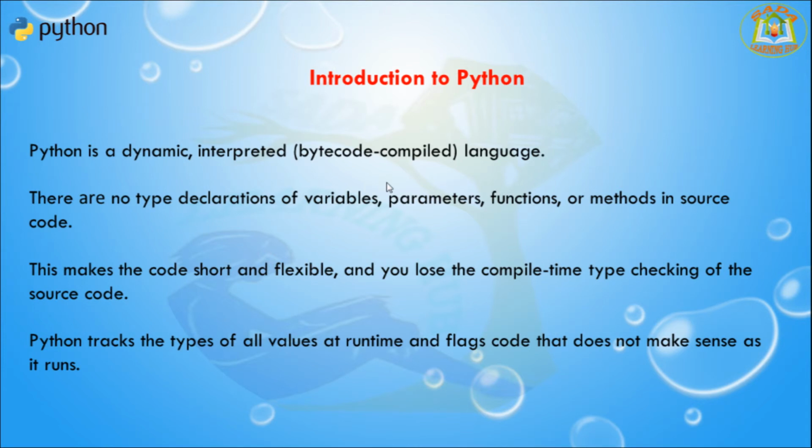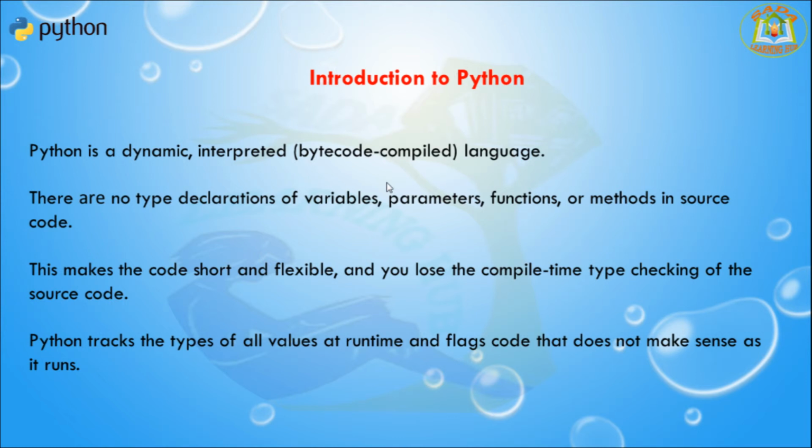Python tracks the type of all values at runtime and flags code that does not make sense at runtime. An excellent way to see how Python code works is to run the Python interpreter and type code right into it. That's why Python is a dynamic interpreted language.